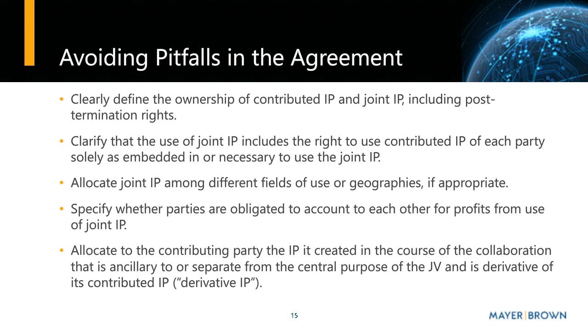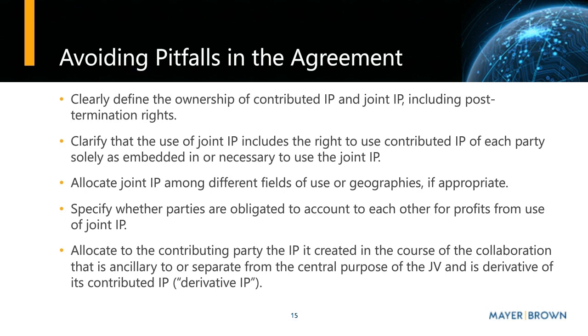And last but not least, allocate to the contributing party the IP it created in the course of the collaboration that's ancillary to or separate from the central purpose of the JV and is derivative of its contributed IP. This is otherwise called derivative IP. Derivative IP is typically beyond the scope of the JDA. It's difficult to define and address by agreement.